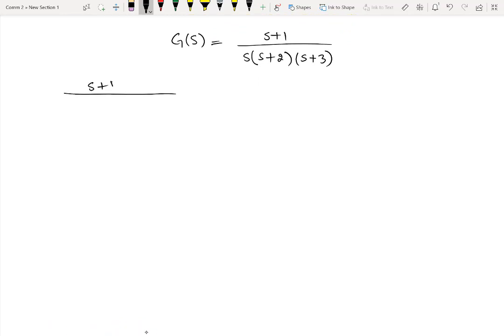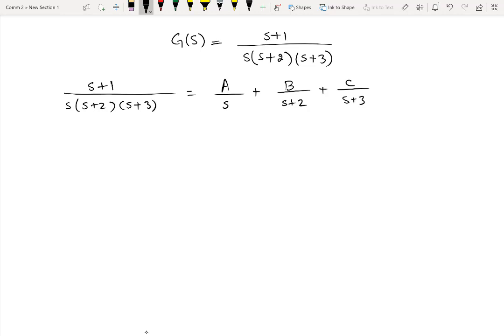We will write the complete numerator and denominator on the left hand side, and on the right hand side for each factor we will use a coefficient. For example, the first one is A, so it is A over s plus B over (s plus 2) plus C over (s plus 3). So for each factor in the denominator we have dedicated a coefficient.